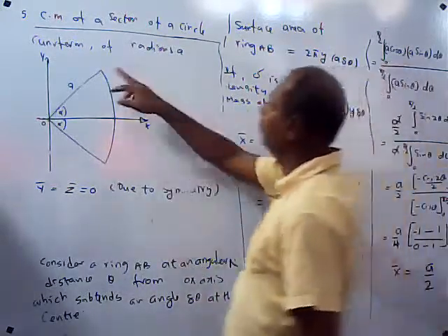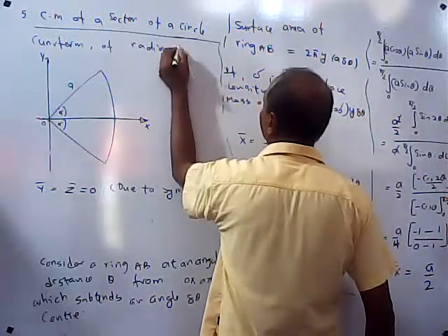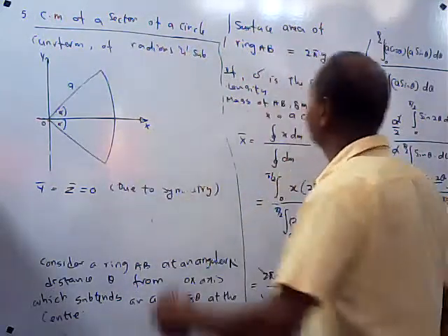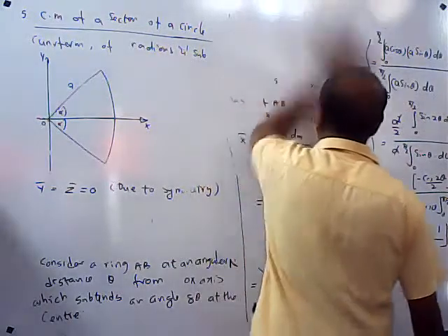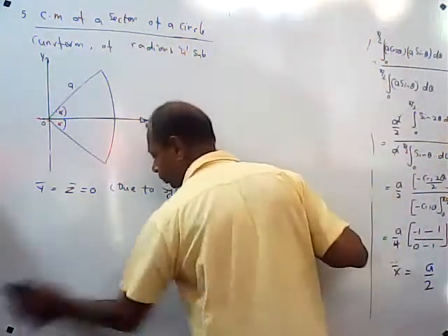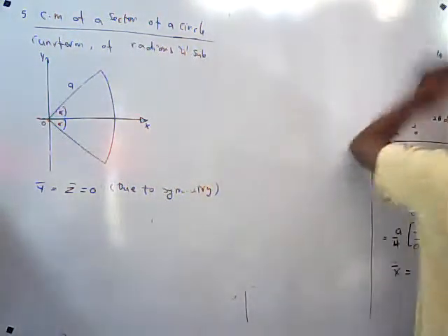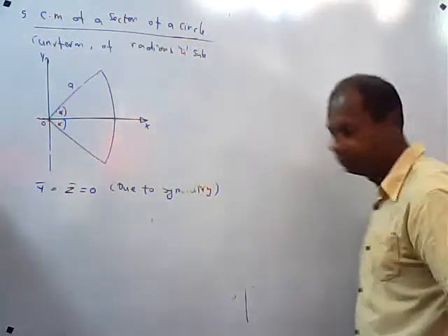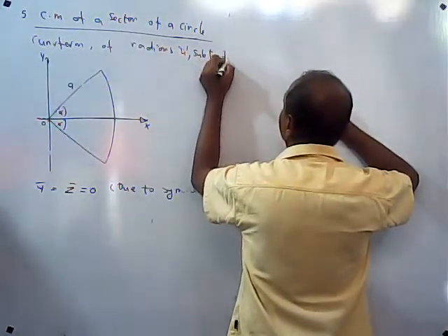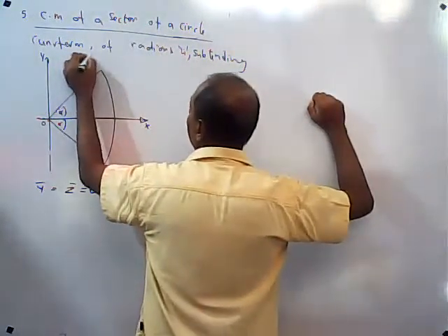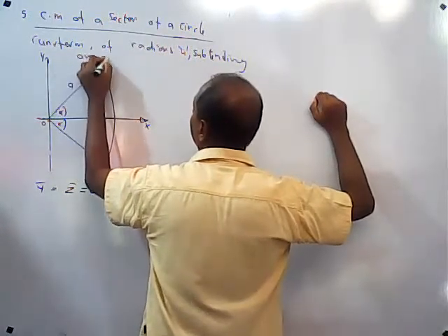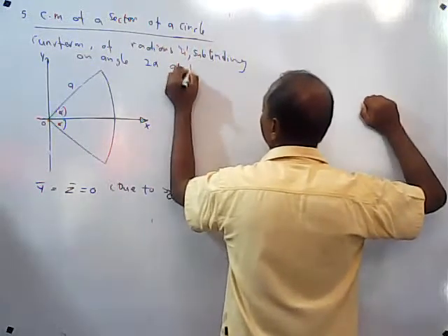Uniform lamina of radius a, subtending an angle 2 alpha at the center.